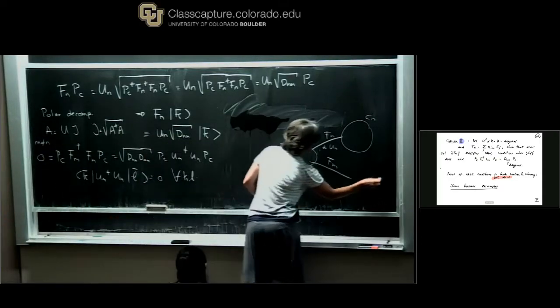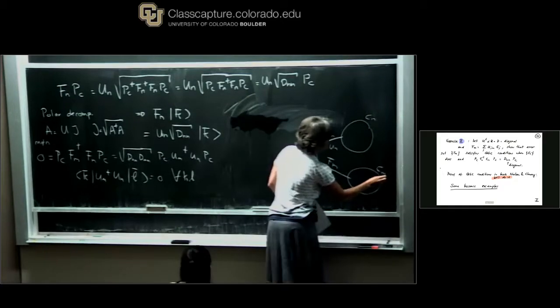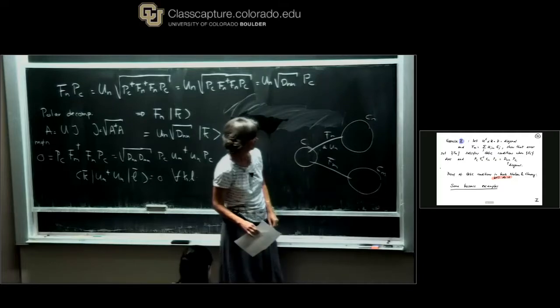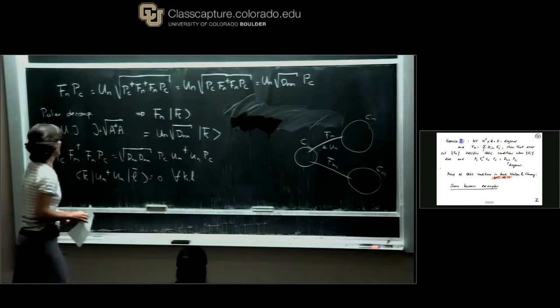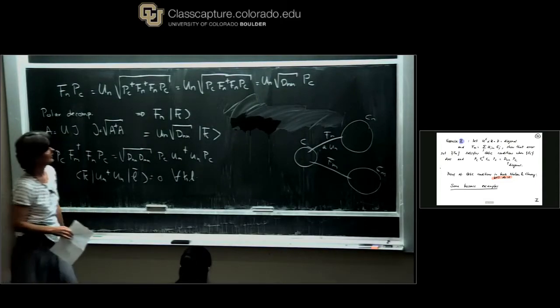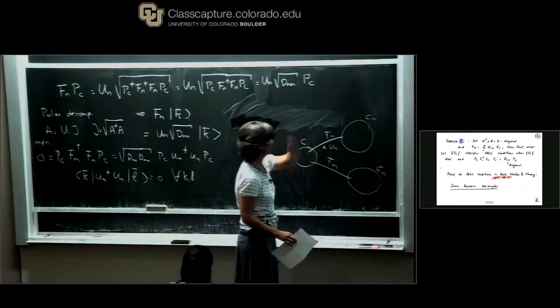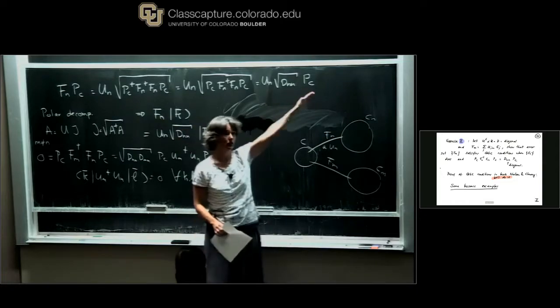So there is a different copy of this code space I can call Cm. And these two spaces are orthogonal. This is why I'm drawing this as two blobs. So what's the action of the errors? Effectively on the code space, they do a unitary transformation and two different errors map you onto two different spaces.